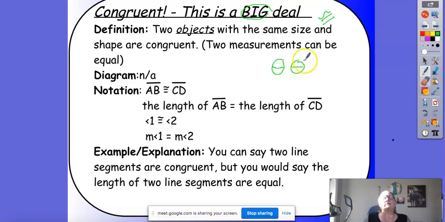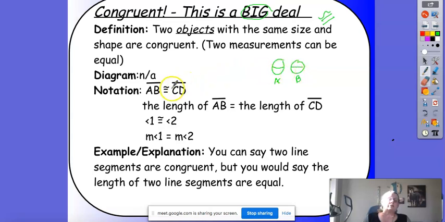So I could say the diameter of circle A is equal to the diameter of circle B. But when I talk about the two circles, I'm going to say circle A is congruent to circle B. They're the same size and the same shape.